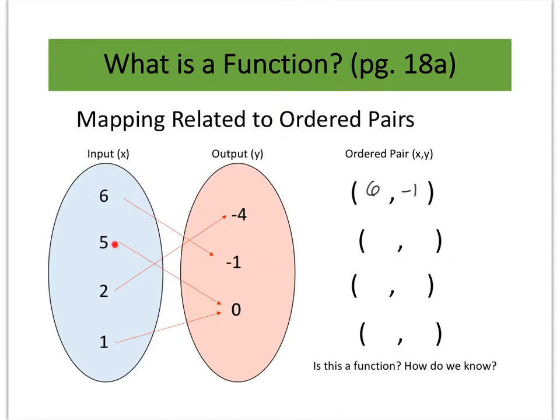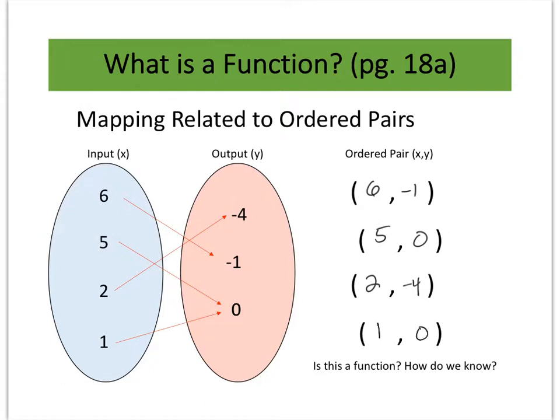And 5 goes to 0, so 5, 0. My input is 2, goes to -4, so my ordered pair is 2, -4. My input is 1, output 0, so 1, 0.